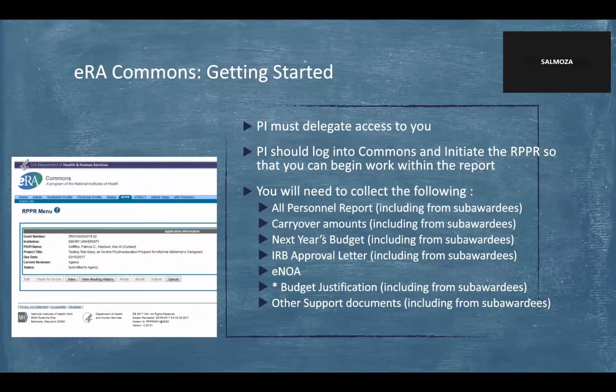Because a lot of times at proposal, we say one amount and then NIH cuts it. And so it's a good practice to start to think about what we can afford in the next year and what we might need to cut.